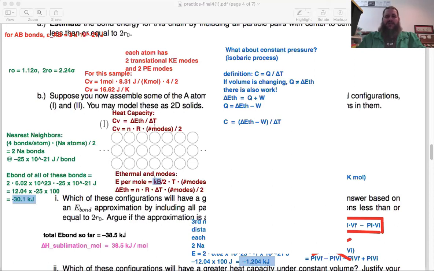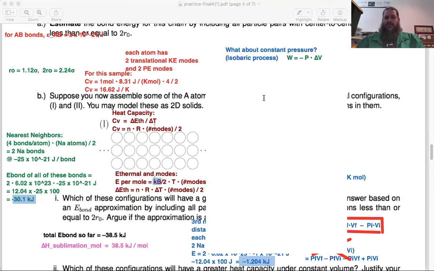So negative pressure times delta volume. Substituting that in for work, if we replace work with negative P times delta V, then when we subtract work, we're really adding P delta V. So heat is delta E thermal plus pressure times delta volume.